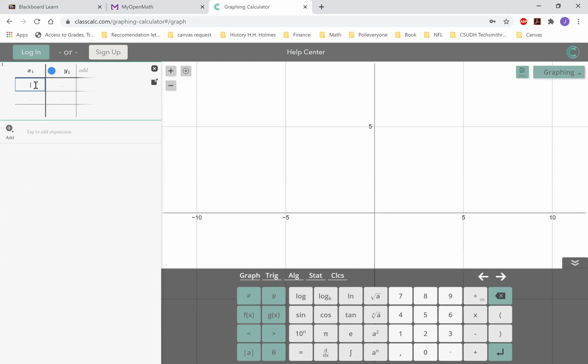So we do x1, where x1 is 0, 75, 150, 250, and 500. Now we're going to do y1.